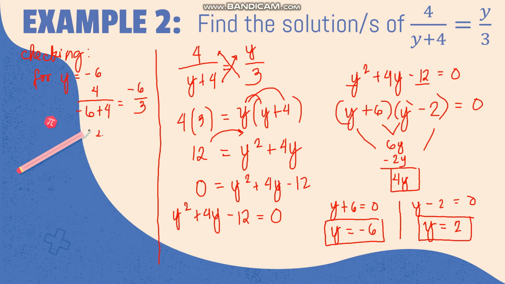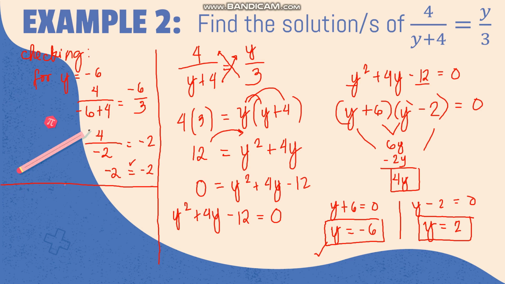So this will become 4 over negative 6 plus 4, which is negative 2. Negative 6 over 3 is just negative 2. 4 divided by negative 2 is negative 2, and it's equal to negative 2 on the other side. So that means negative 6 is a solution.